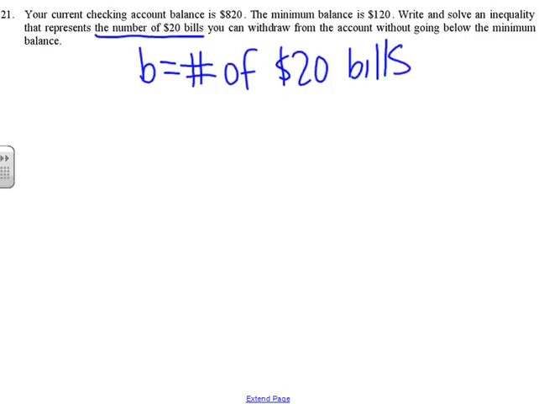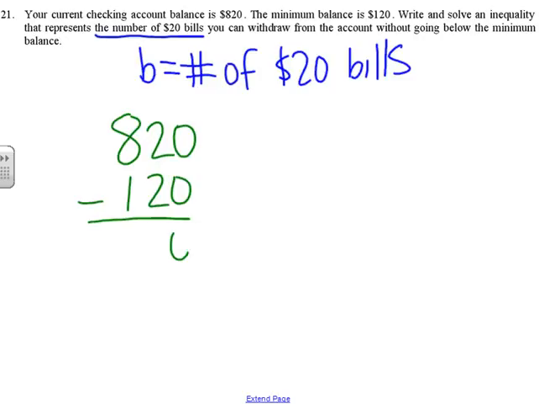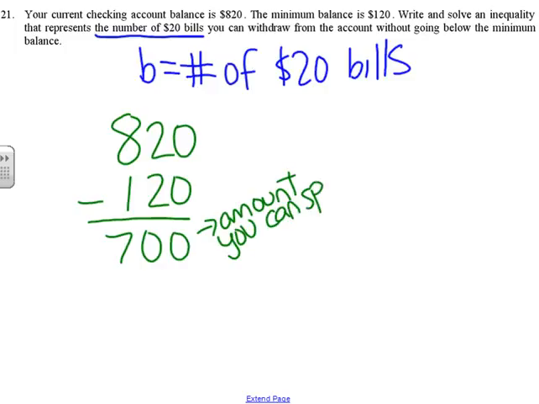So let's break this down. If we have $820, but we have to keep $120, that means that we are allowed to spend $700. So I'm going to label this amount you can spend. If you can spend $700 and you want to figure out how many $20 bills that is, you're just going to do 700 divided by 20.